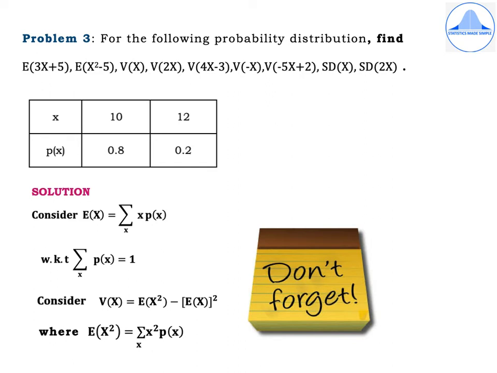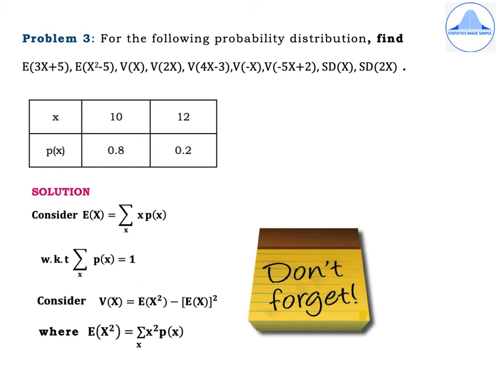Write this after the summation in terms of small letters, so you have small x square p of x. This is the way you remember the formula for E of X square. Even for E of X, you can remember it in the same way. E of X is equal to summation over x, and next to E you have capital X, so after the summation you will have small x and p of x.